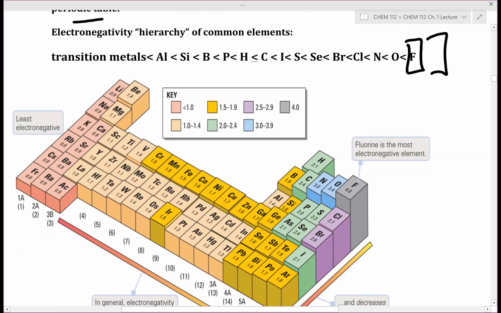Now, a few things that I'd like you to see from this electronegativity hierarchy. Carbon and hydrogen are very, very close in electronegativity, such that a carbon-hydrogen bond isn't very polarized. The other thing I'd like you to note, if we compare nitrogen and phosphorus, do we notice a pretty dramatic drop in electronegativity?